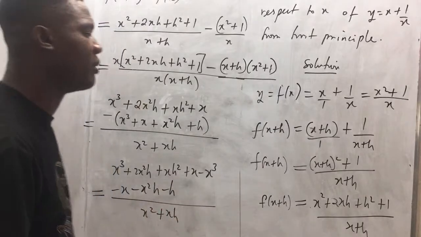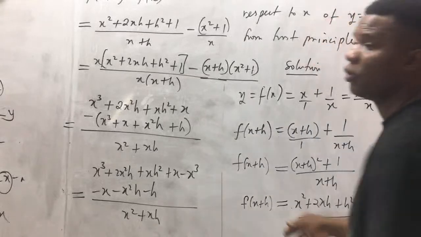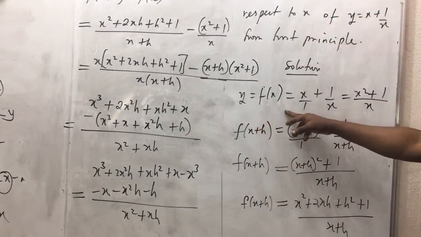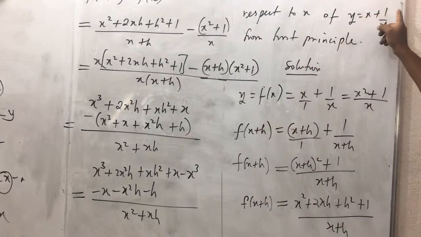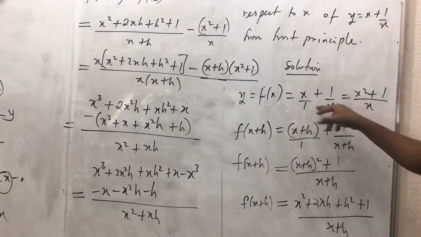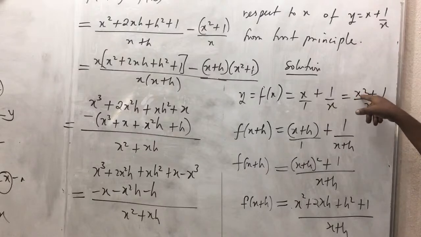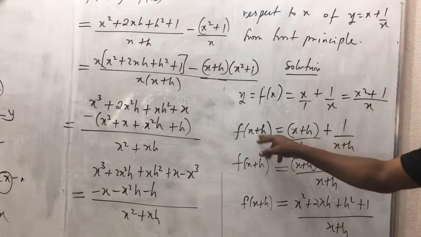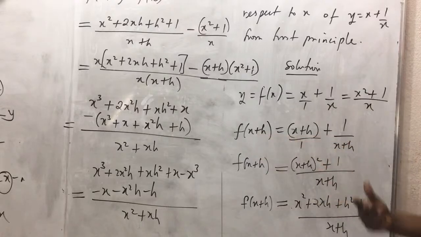Now let's go over the problem again from the beginning quickly. So we were given f of x to be x plus 1 over x. So I started with simplifying this to get the LCM, and simplifying gave us x squared plus 1 over x. Then comes getting f of x plus h. An expression for f of x plus h comes directly from the expression for f of x.